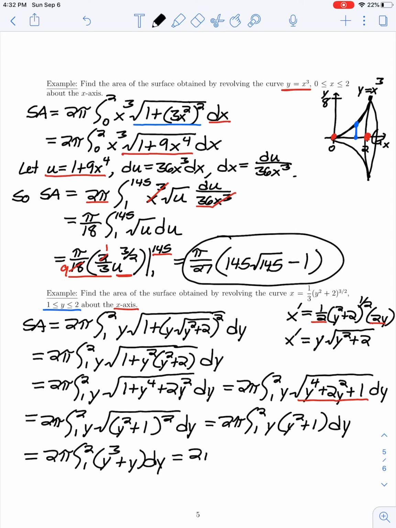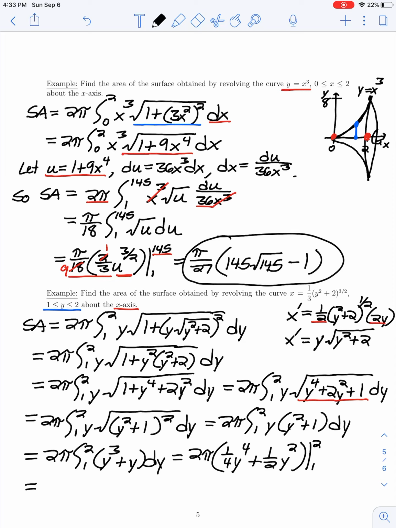So we now have a 2 pi, and at this stage I can find my antiderivative. So the antiderivative of y cubed would be 1/4 y to the 4th, plus the antiderivative of y would be 1/2 y squared, and we're evaluating the entire thing from 1 to 2.